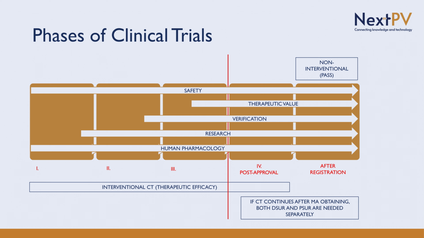After registration, Phase 4, or post-approval studies, often include non-interventional studies, like post-authorization safety studies, PAS. If clinical trials continue after marketing authorization, MA, both DSURs and PSURs are required separately to cover ongoing safety evaluations. Each phase contributes to the overall understanding of a drug's safety and efficacy.